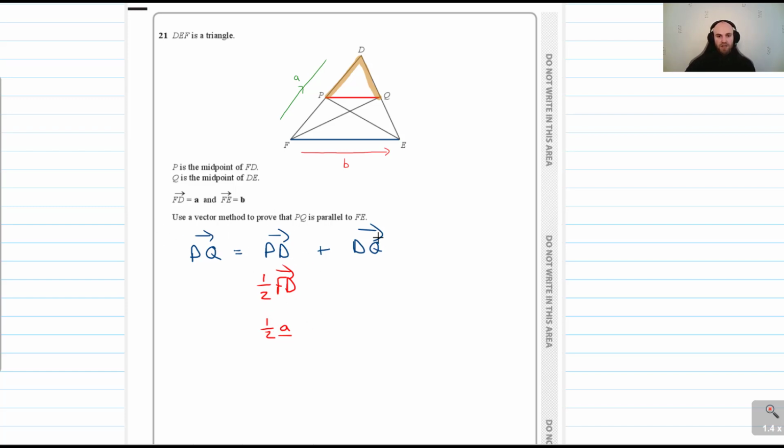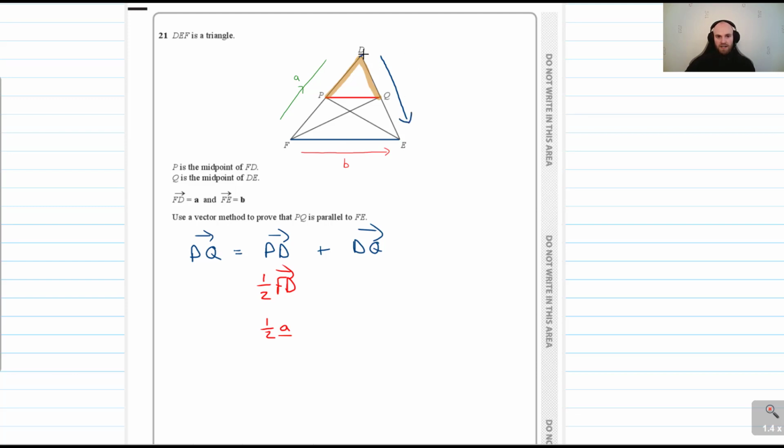What about this DQ? Well, we know that Q is the midpoint of DE, but we don't know what DE is at the moment. So what is DE? Let's put this in a blue color. What is D to E?